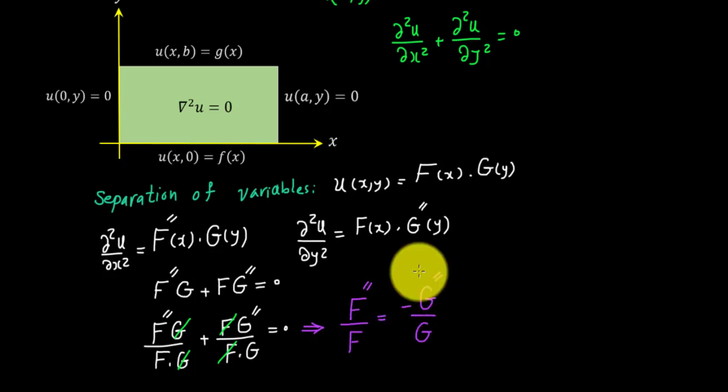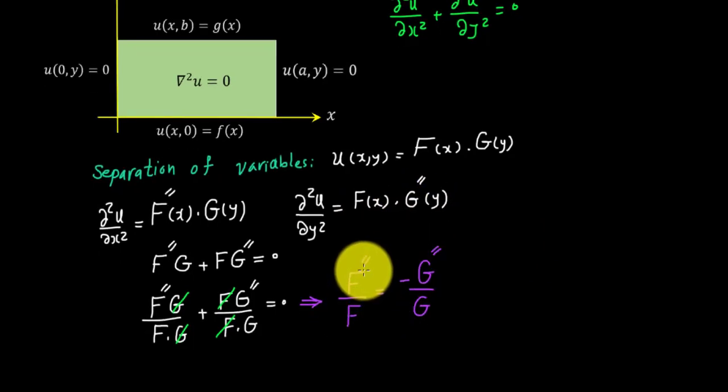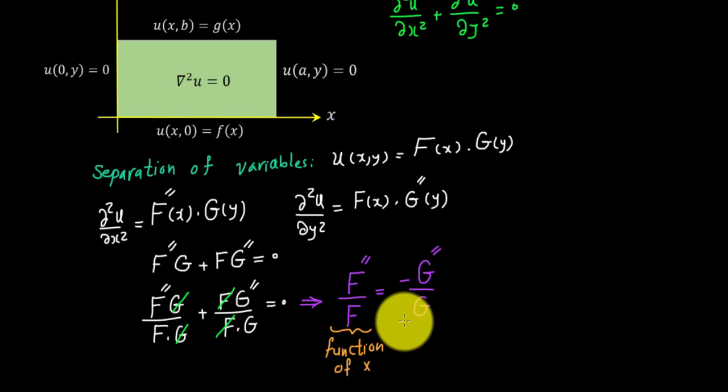But note that f is a function of x and g is a function of y. So the second derivative of f over f is a function of x. And similarly, the ratio of g double prime over g is a pure function of y.